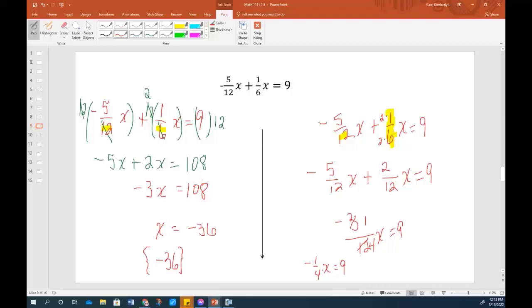And then to solve that part, you can multiply both sides by negative 4, so that negative cancels and the 4 cancels, or you can divide both sides by negative 1/4. It does the exact same thing. So what I'm going to do is multiply both sides by negative 4, multiply by the reciprocal.